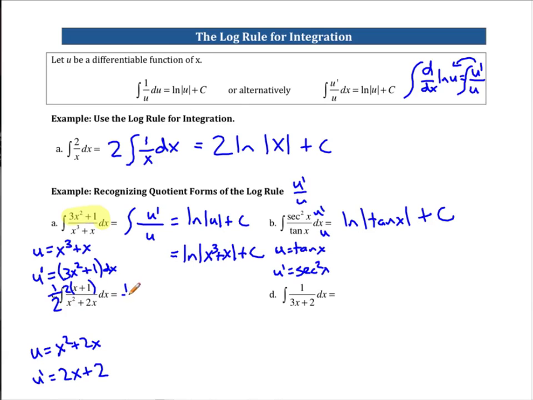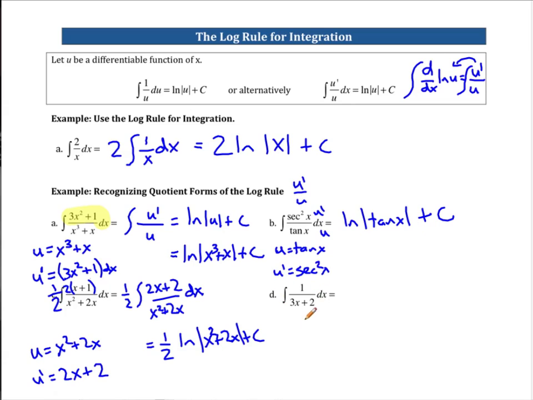So we really have 1/2 times the integral of 2x plus 2 over x squared plus 2x dx. Now we have u prime over u, and so our final answer is going to be 1/2 times the natural log of the absolute value of x squared plus 2x plus c.